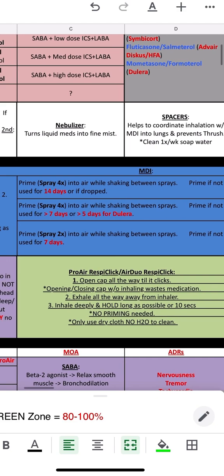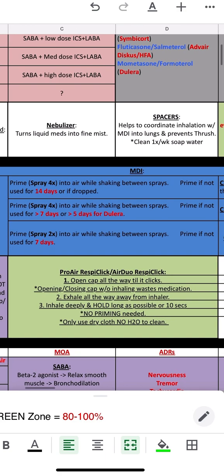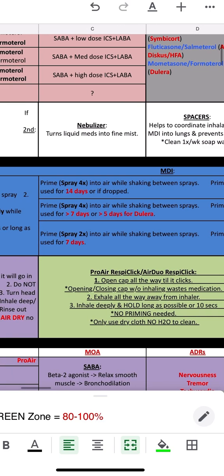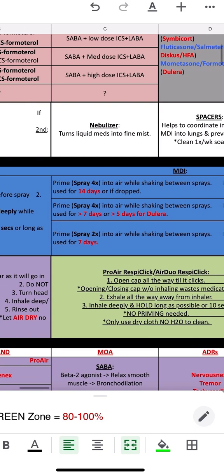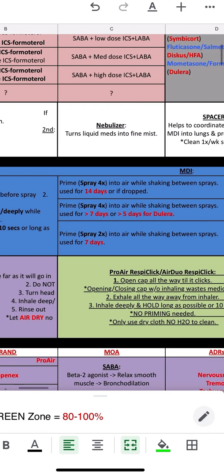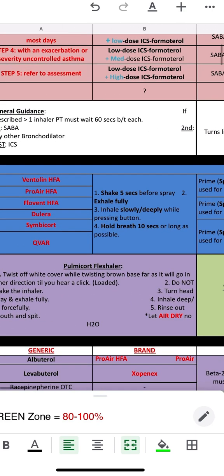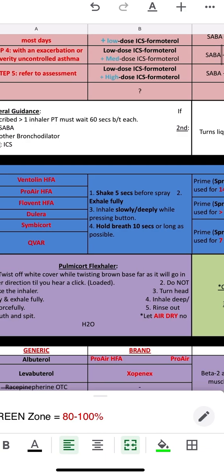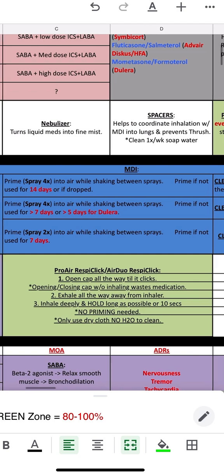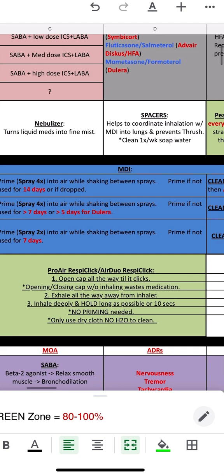Prime if not used for more than 7 days or 5 days for Dulera. Oh, okay, so priming days are different. So Ventolin HFA and ProAir HFA, you need to prime if not used for 14 days or if it's dropped.